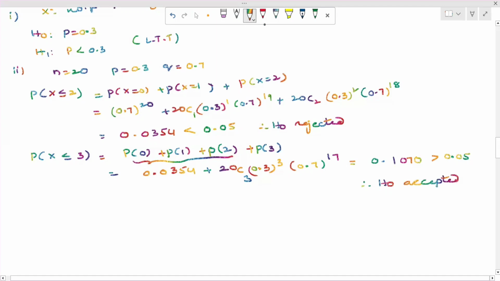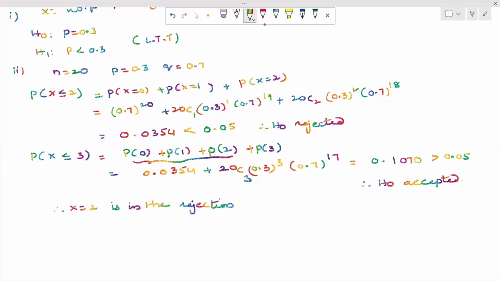Okay, we have to go for where you are getting the rejection. So X equals 2 is in the rejection region, because here H0 is rejected.